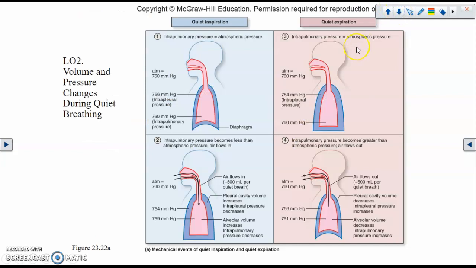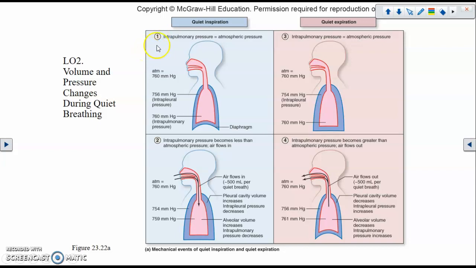So why do we need these muscles? This is coming from, I hope that you remember, the law of diffusion. And with the law of diffusion, we're actually talking about Boyle's law, and we're going to just segue them together. So gases always flow from an area of higher pressure to an area of lower pressure.